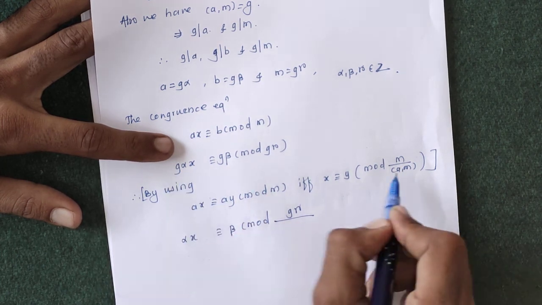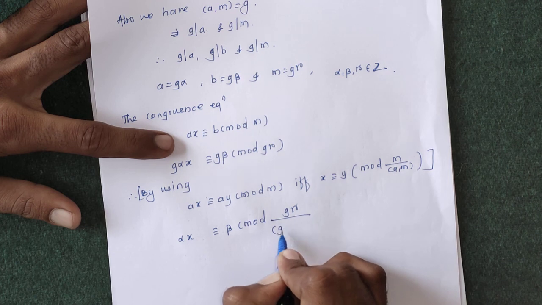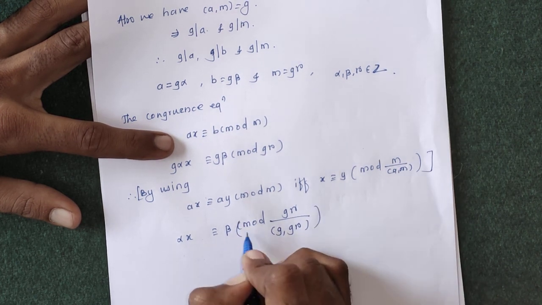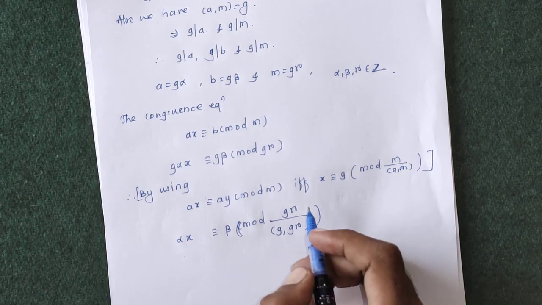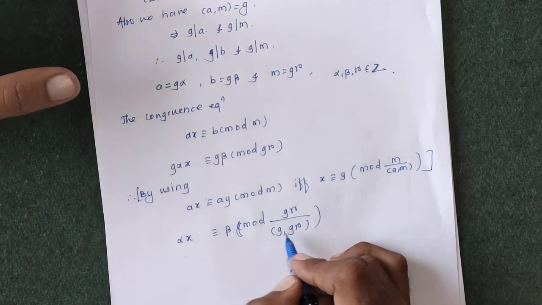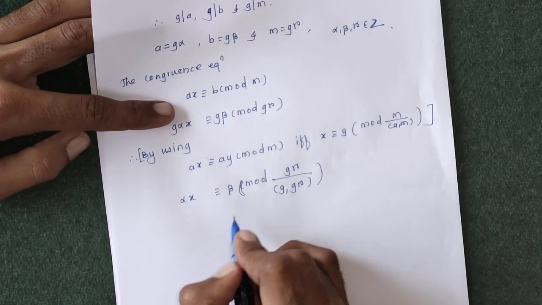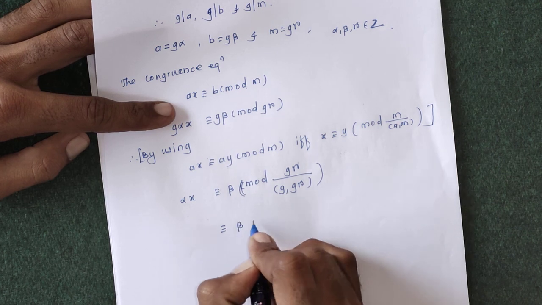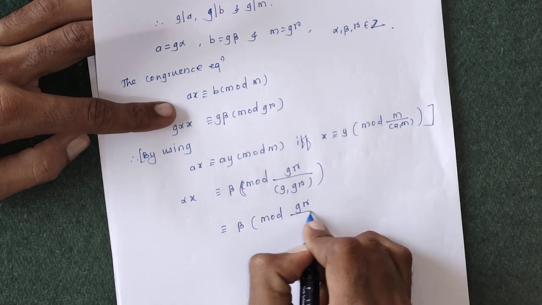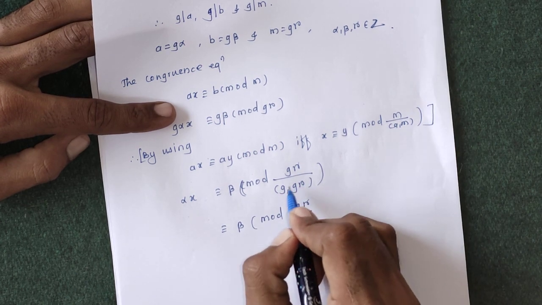Here A is equal to G and M is equal to G gamma. Clearly G gamma is a multiple of G, so GCD of G and G gamma is G.